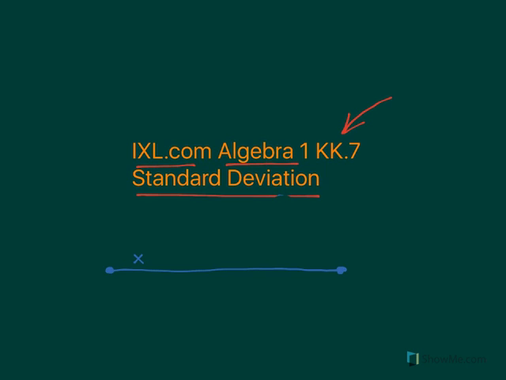So let's say these x's are kind of representing your data values. And let's say you added up all these data points and you found the mean, so the center point, the balancing point.